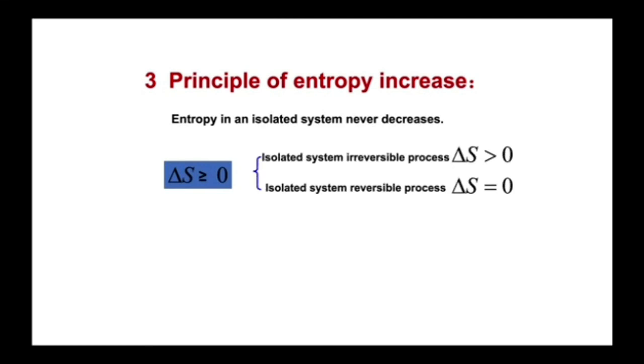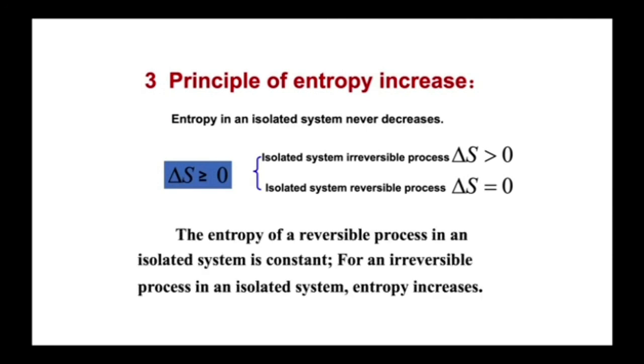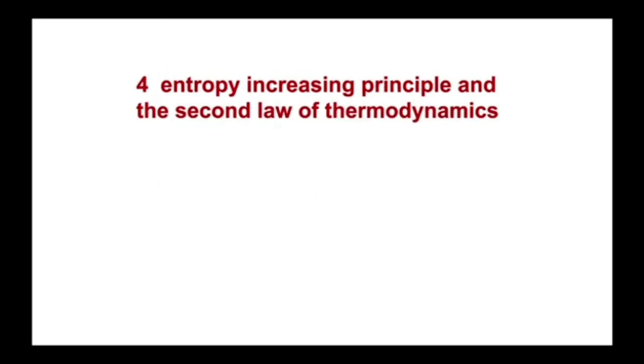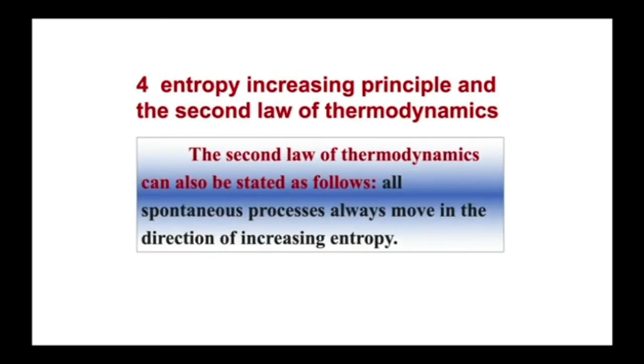There are two different situations. One is delta S bigger than 0. Another one is delta S equals 0. When delta S equals 0, the entropy is constant. In the other situation, entropy is increased. This is also the relationship between the entropy principle and the second law of thermodynamics.